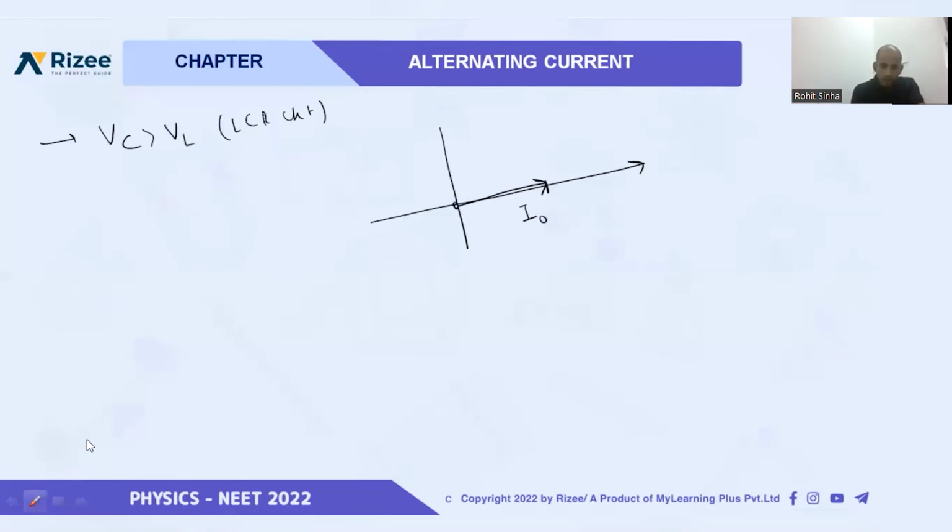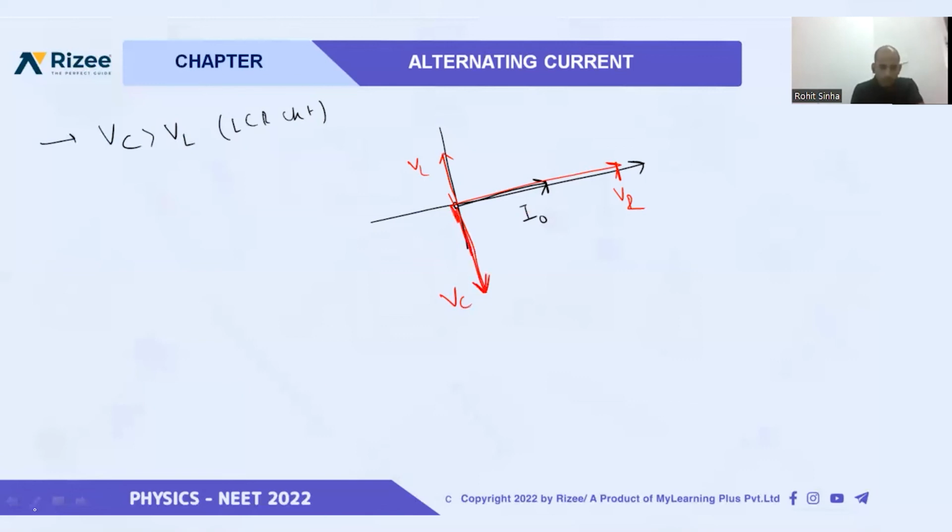Okay. Now, for our circuit, resistance voltage is in the same direction as the current. I represent it like this, and this is the value of VR. Okay. This is VL, and this is the value of VC, and VC is greater than VL.